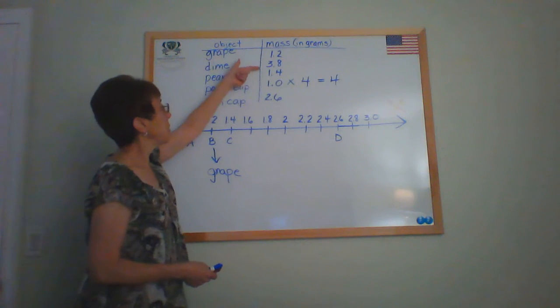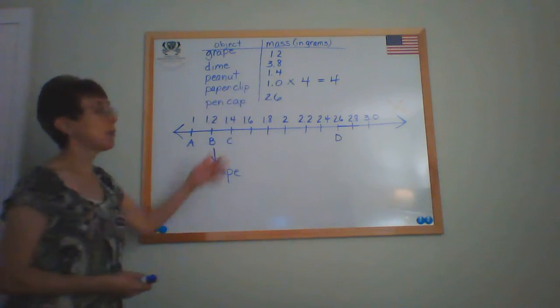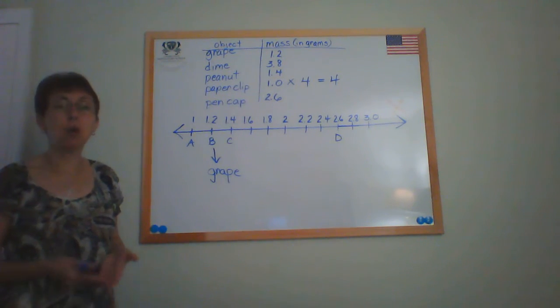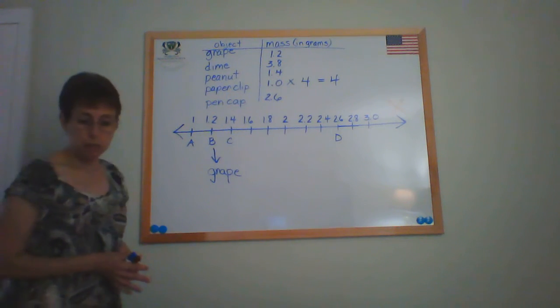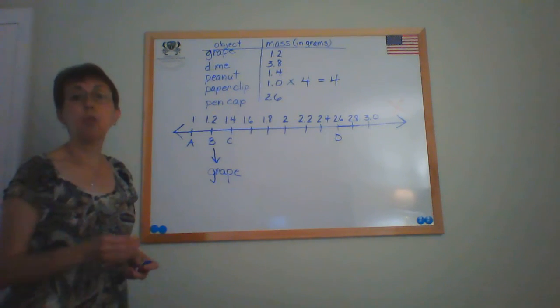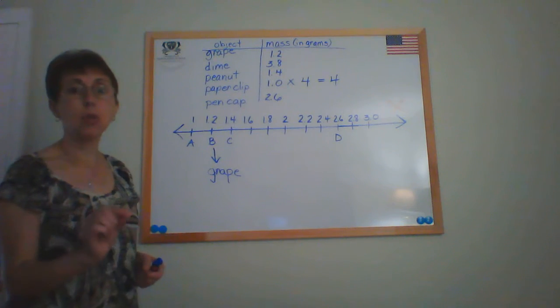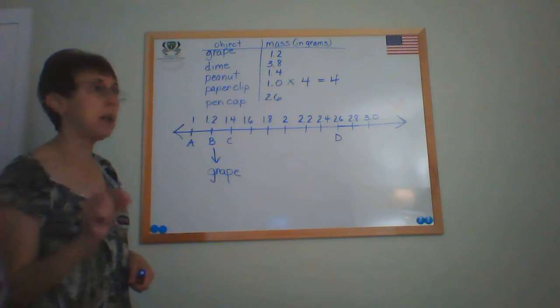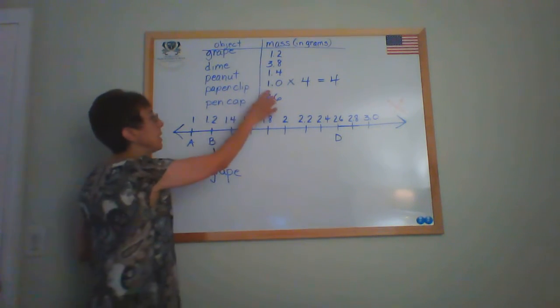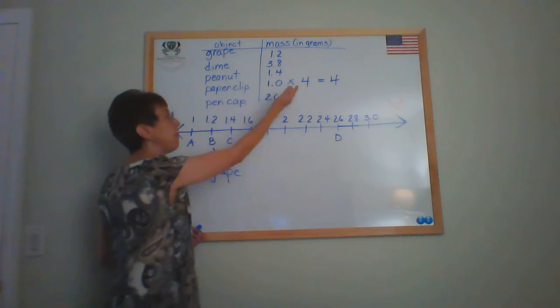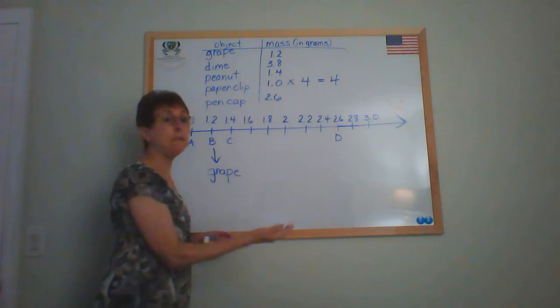Remember I had said almost, which means it's not quite 4 times as much. Since the paperclip weighs 1 gram, 4 times that amount would be 4 grams.